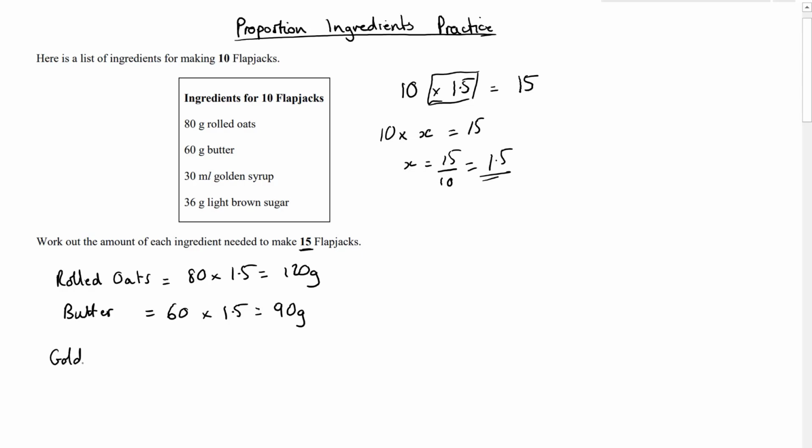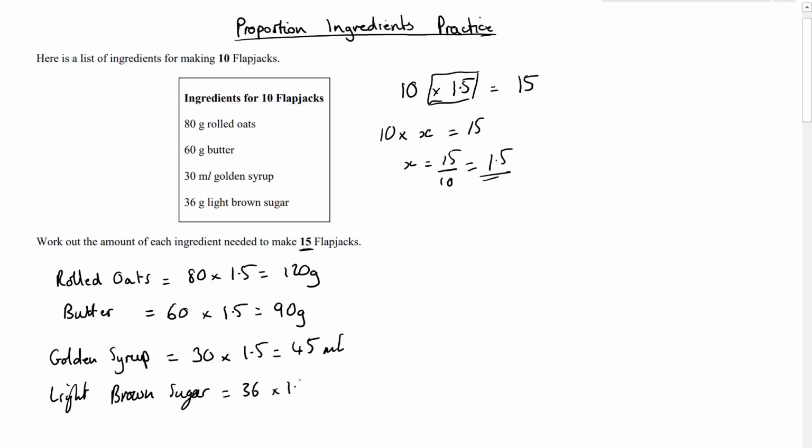Then golden syrup, we originally have 30 milliliters, times that by 1.5 gives you 45 milliliters, and 36, the light brown sugar, we originally have 36 grams of it, timesing that by 1.5 is going to give 54 grams. And therefore, we have our list of everything we need.